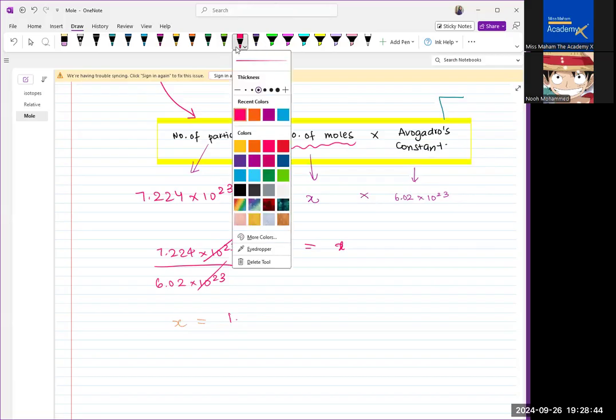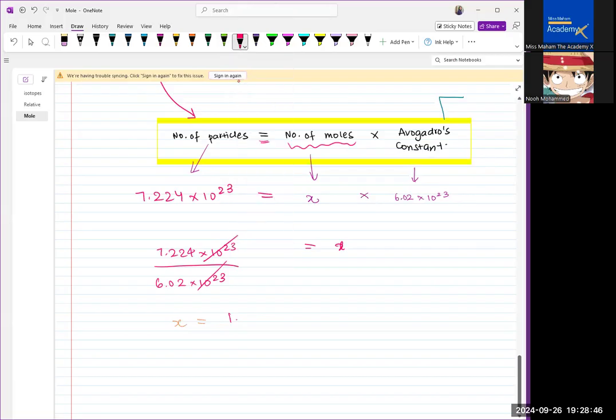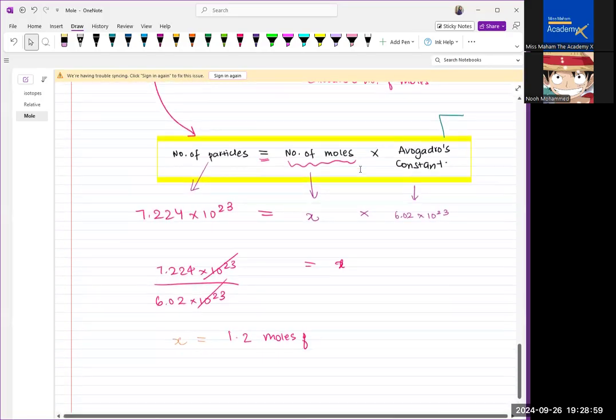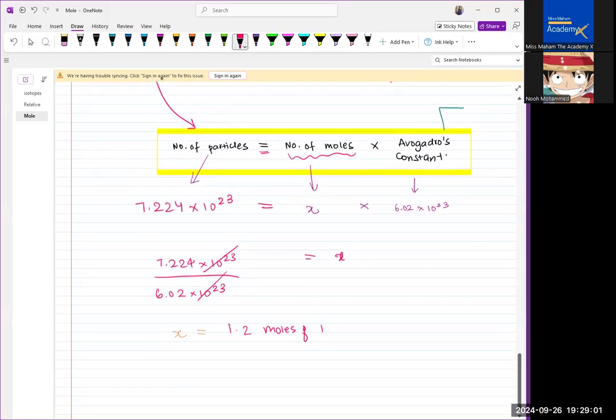What do you get? 1.2. Your answer is 1.2 moles of, what was the question? 1.2 moles of hydrogen atoms are there in 3.612 into 10 to the power 23 molecules of H2O2.